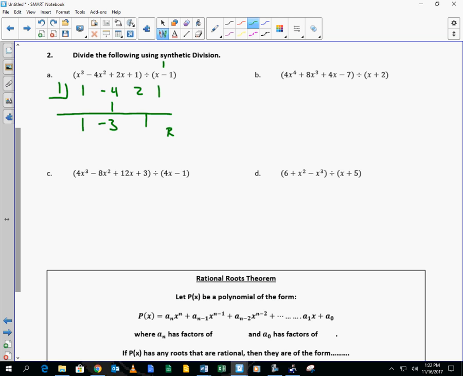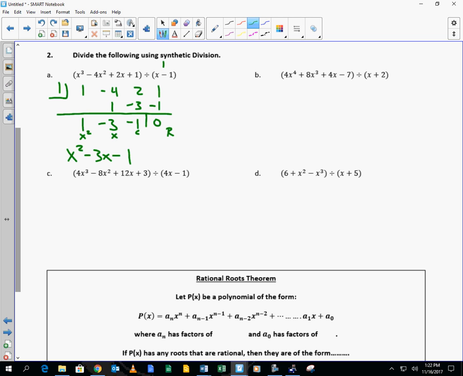Then we multiply. Then we add. And we multiply. And we add. So, if this is the remainder, then this is the constant, this is the linear term, and this would be the quadratic term. So x squared minus 3x minus 1.